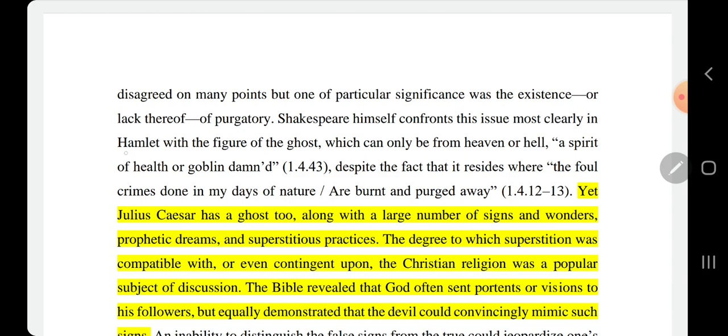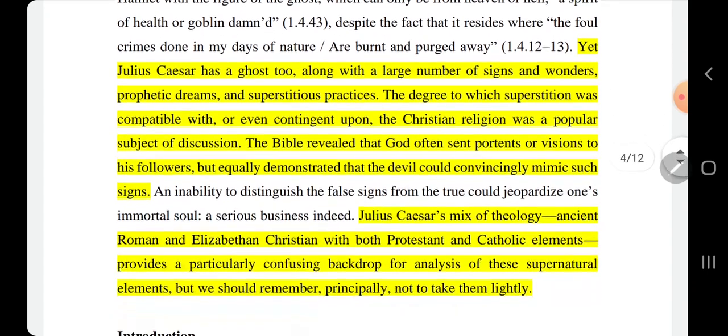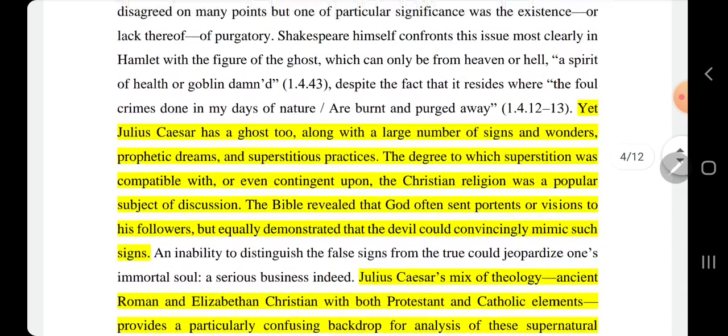Even in Hamlet, the figure of the ghost was there and can only be from heaven or from hell. So all the things related to ghosts, signs, wonders, prophetic dreams, and superstitious practices, all of these were compatible with or even contingent upon the Christian religion, and were a popular subject of discussion.